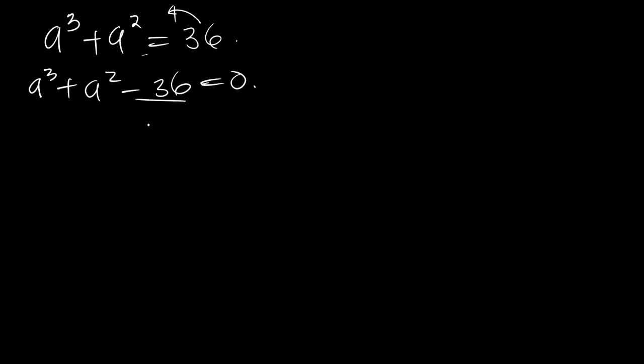Now let's look for the factors of 36. The factors of 36 are 1, 2, 3, 4, 6, and 9. Now let's start with 1. If you plug in a equal to 1 into this equation, it will not be equal to 0.